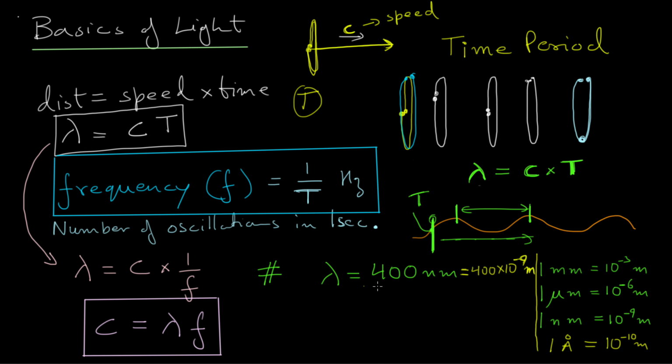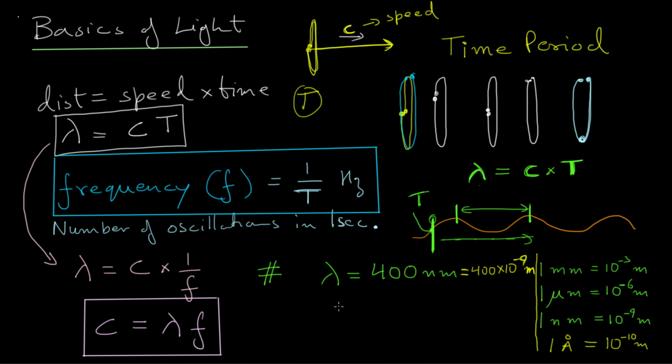And I want the frequency. Did you get the frequency? This is of light. Wavelength of light was given. So fortunately, about light, whatever the wavelength is, the speed is a constant.